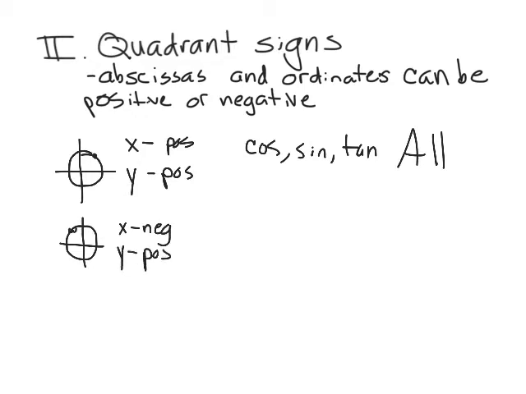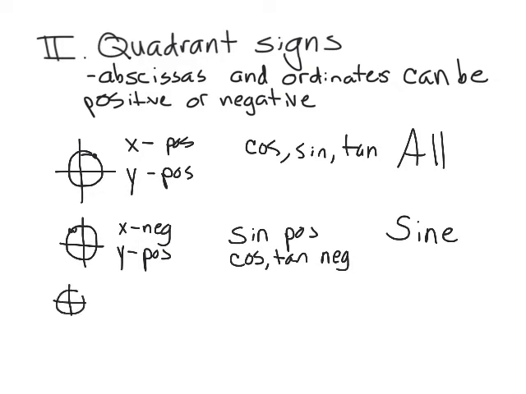So if you think about our trig functions, remember the cosine of theta is equal to x, the sine of theta is equal to y, so the sine is going to be positive and the cosine will be negative, and that means that the tangent will be negative. So in the second quadrant, the sine is positive. Okay, so the cosine and tangent are negative.